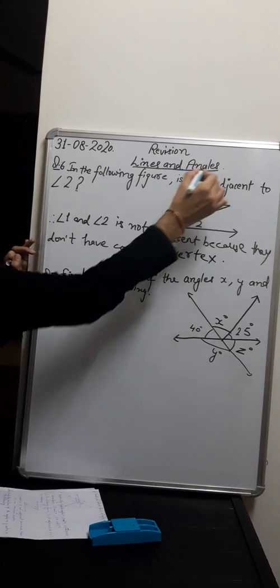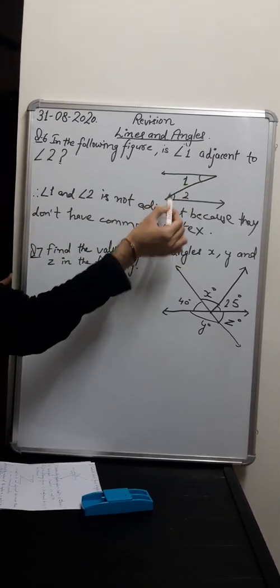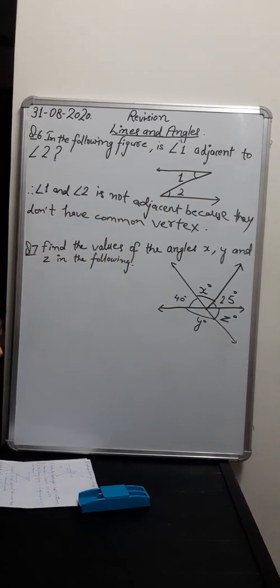For adjacent angles, they should have a common vertex, and they do not have a common vertex. That's why they are not adjacent angles.